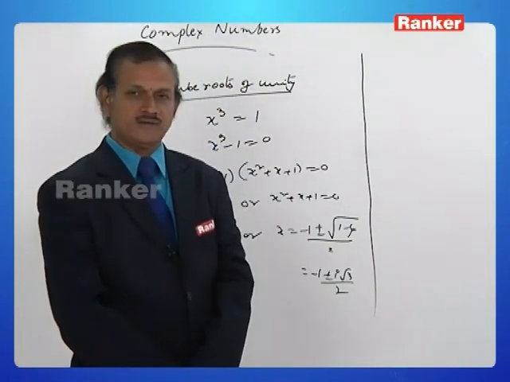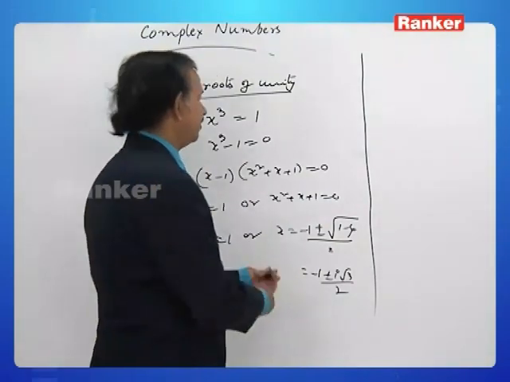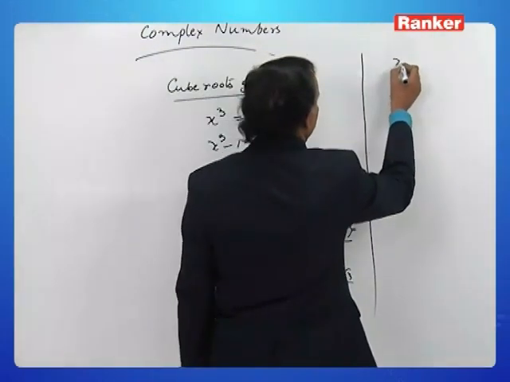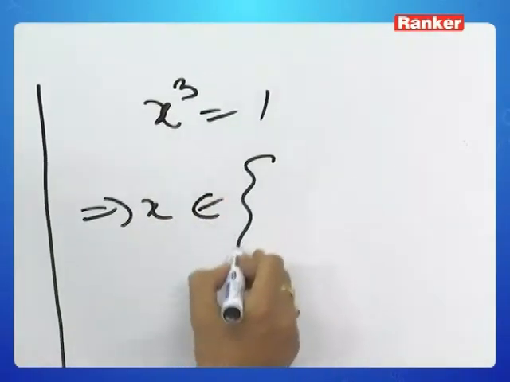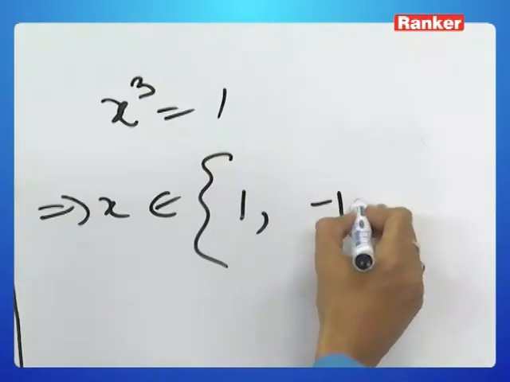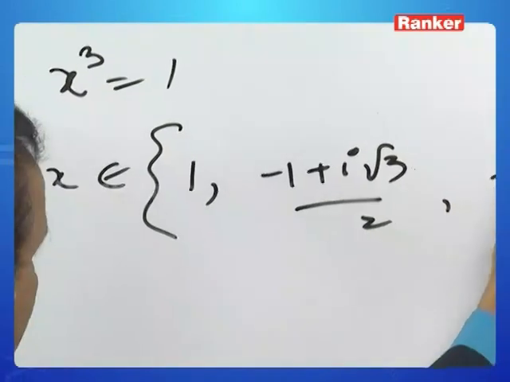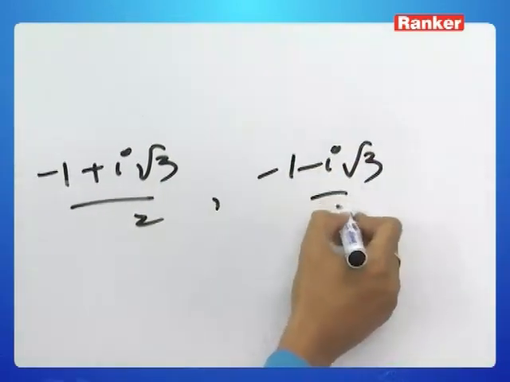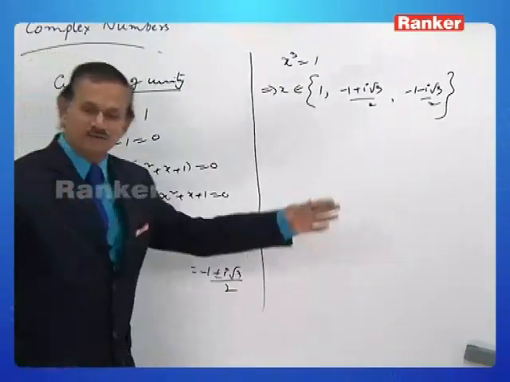Now we are interested in dealing with cube roots of unity. What are the cube roots of unity here? x cube is equal to 1 implies x belongs to: one answer is 1, another answer is minus 1 plus i root 3 by 2 and minus 1 minus i root 3 by 2. These are the cube roots of unity.